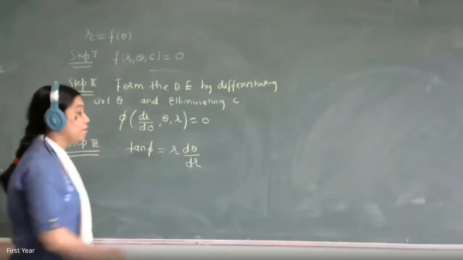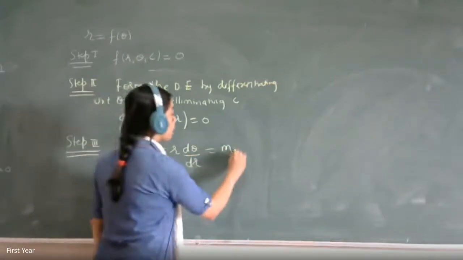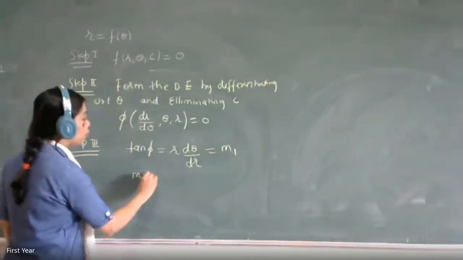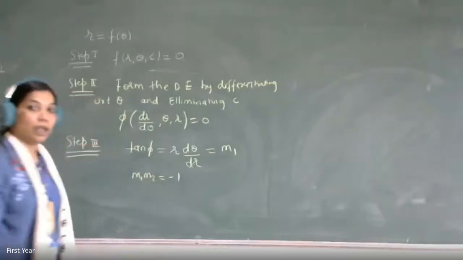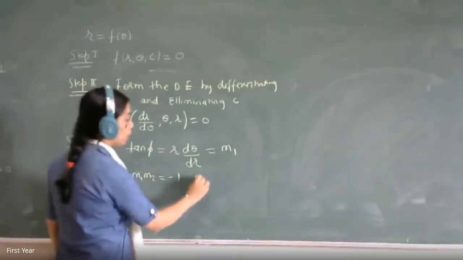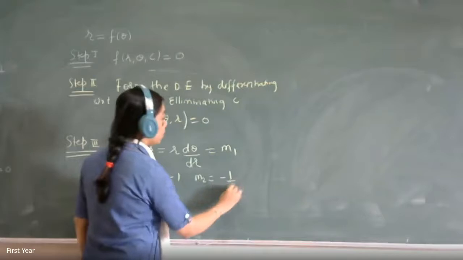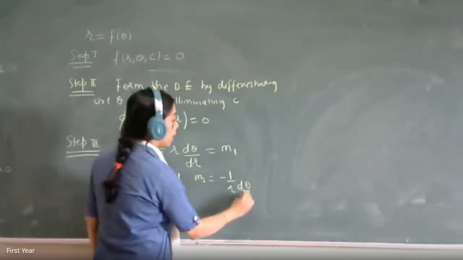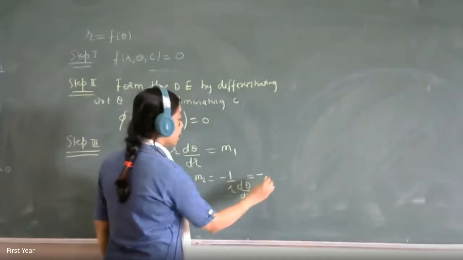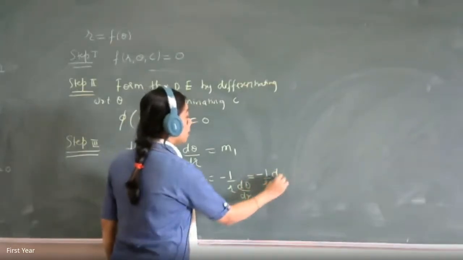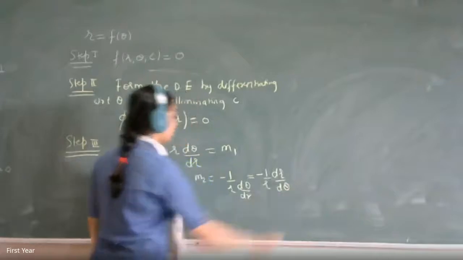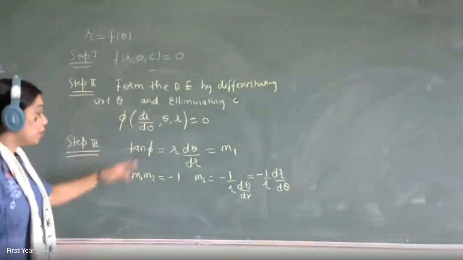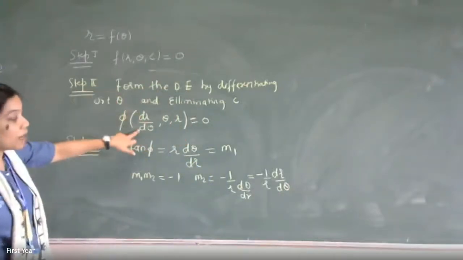Okay, so if tan phi is equal to m1, then m1 into m2 should be minus 1. So m2 will be minus 1 by r d theta by dr, that is minus 1 by r dr by d theta. This is m2. But what I have is dr by d theta.